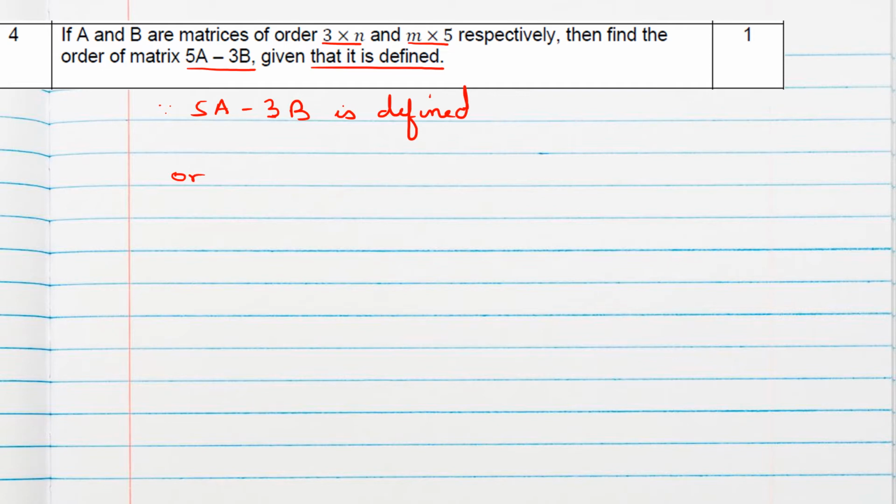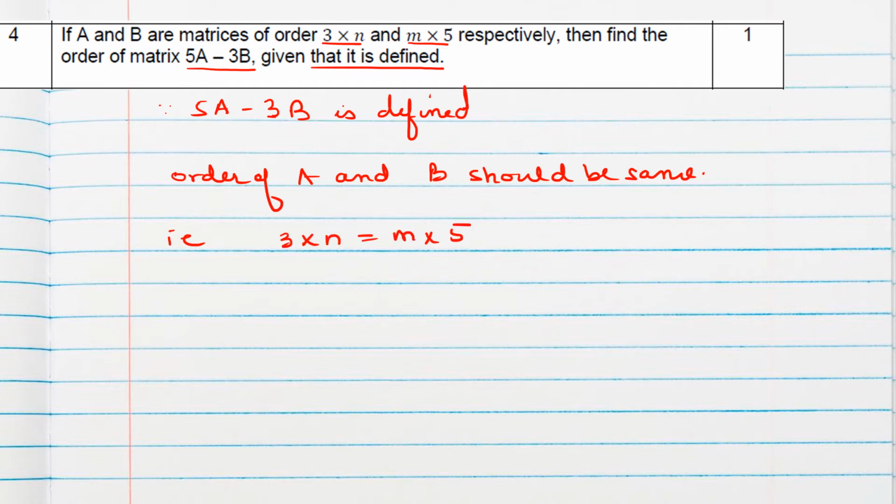Okay, so order of A and B should be the same. That is 3 by n should be equal to m by 5. So if we equate here, 3 and m are equal, n and 5 are equal. Therefore, m value will be 3, n value will be 5.